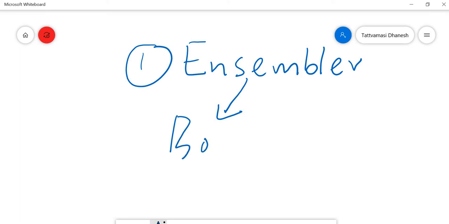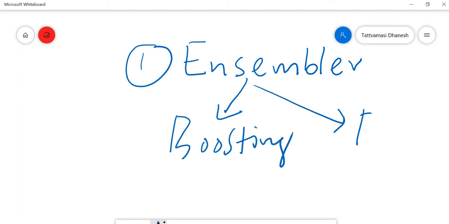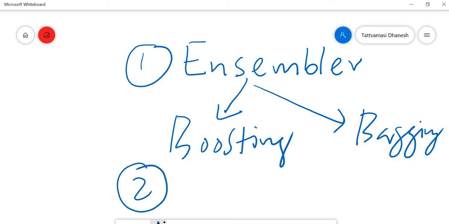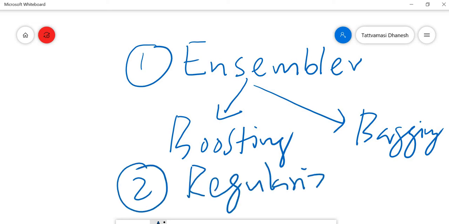One is boosting, the second one is bagging. So there are two methods for the ensembler method. The second one is regularization. This is another method we use for optimizing the bias and variance.